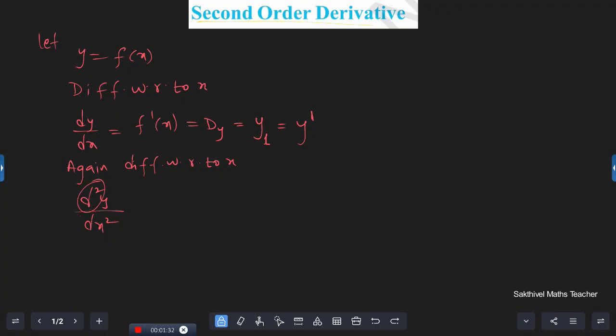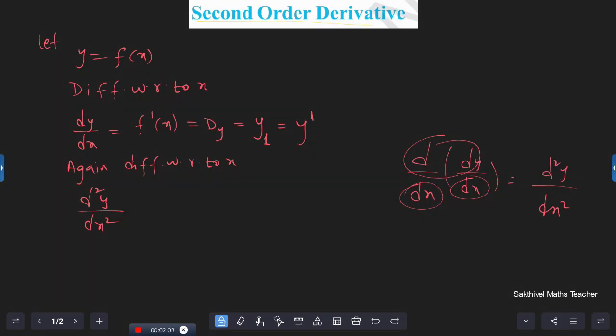Why are we giving like this? dy divided by dx, dx we have twice, so the denominator dx is square. But d only we have twice, y is not twice, so d square y. Be careful. If you give dy whole square, it is wrong. D square y only you should mention when you mention double derivative.